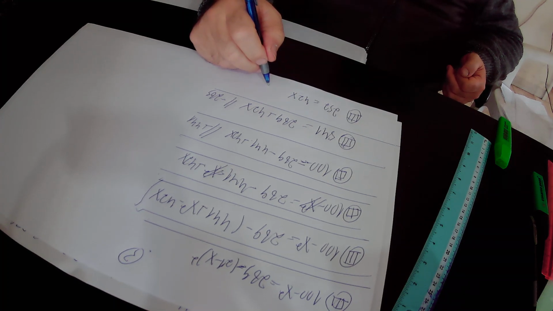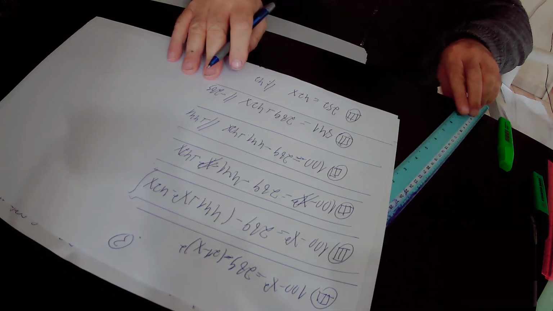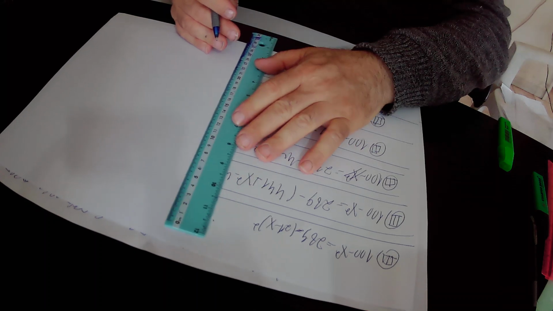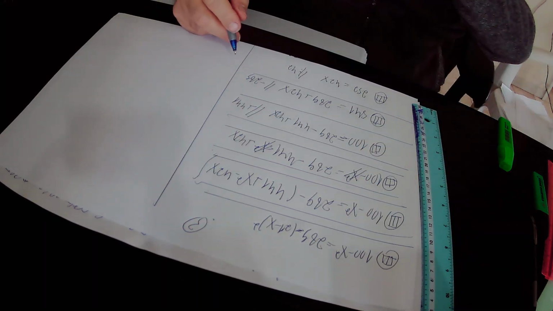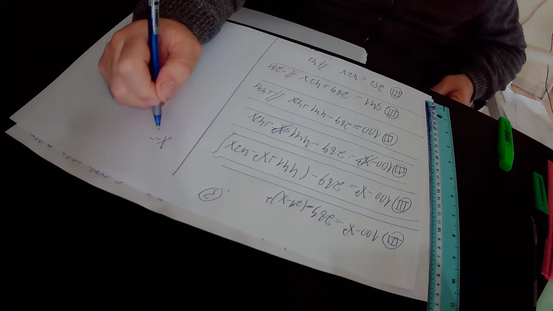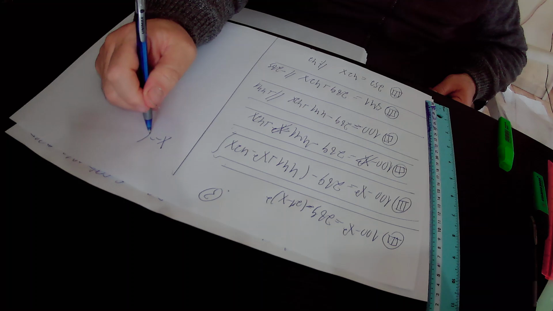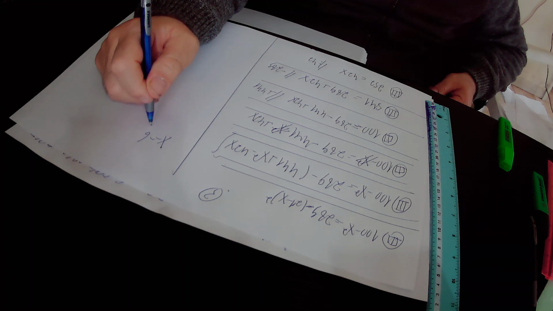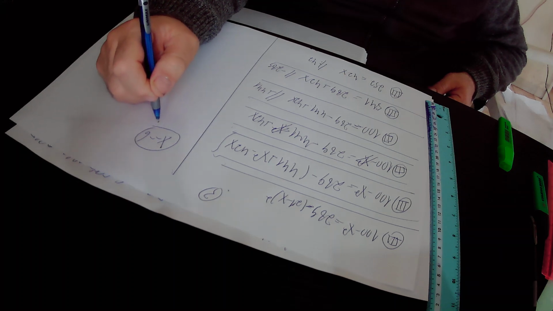Here we divide this equation 3 by 42. So you get that x equals 252 over 42, which equals 6. Again, 252 over 42 equals 6. So x equals 6 units in length.